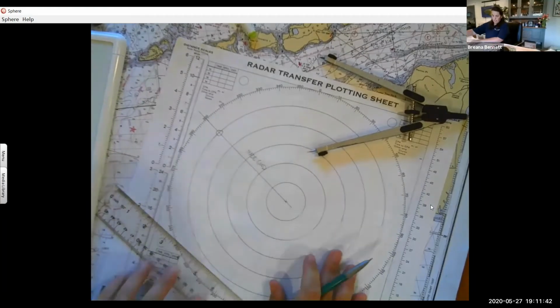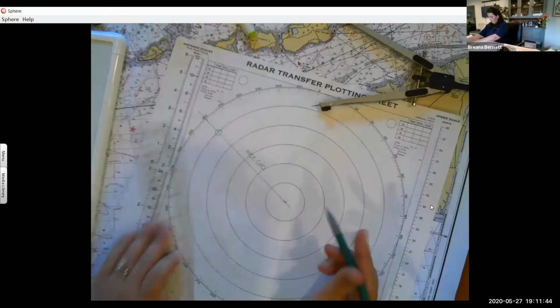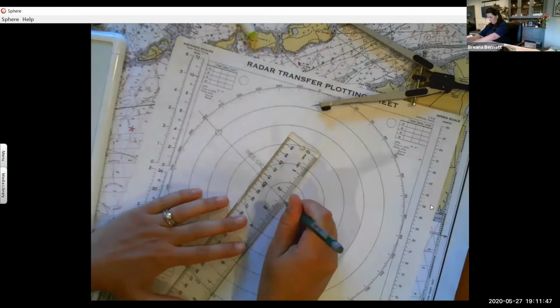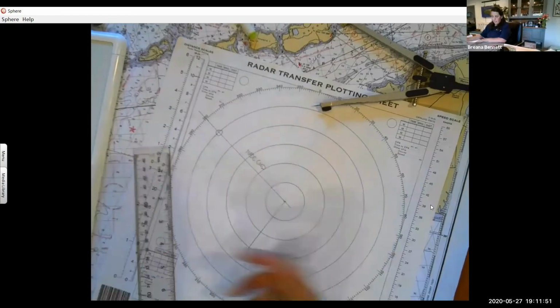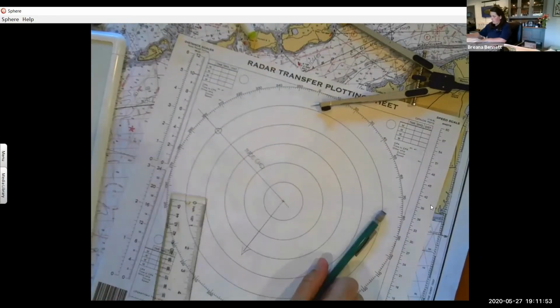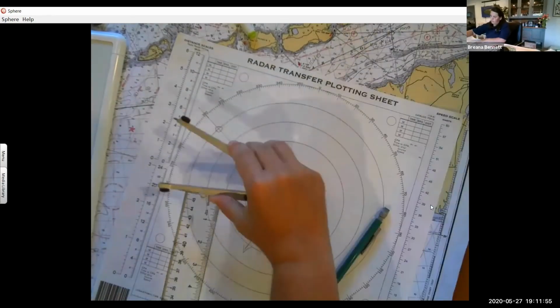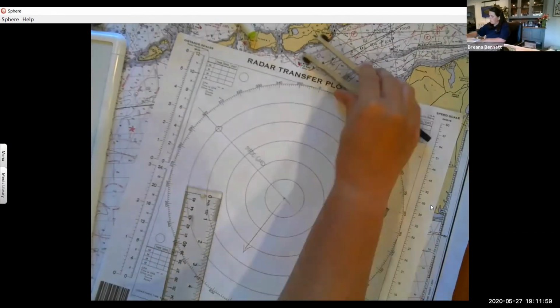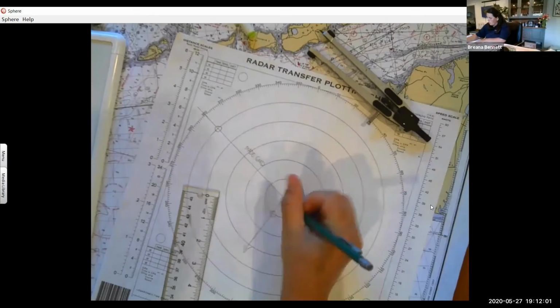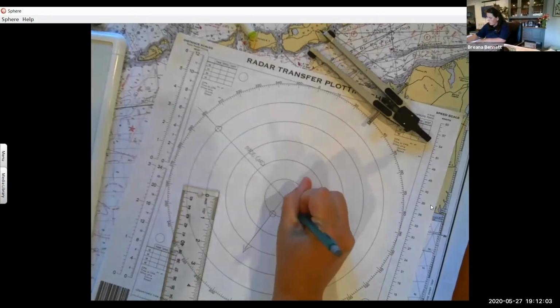But I have this current pushing me to 200, and it is going 2 knots. So I use my dividers to get 2. So this is my current.